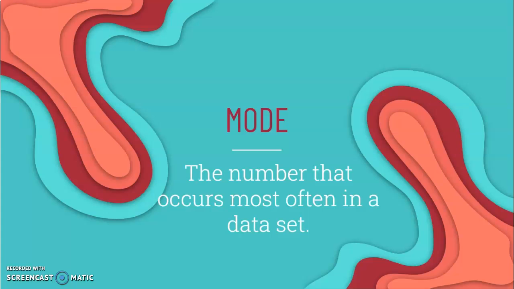Sometimes you can have no mode at all, sometimes just one mode, and there are times when you can have more than one mode. It doesn't have to be organized in order to find the mode, but it's easy to find when you're looking at the numbers from least to greatest. Again, the video will go into more detail and give examples.